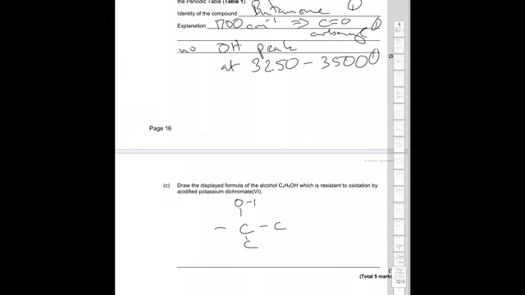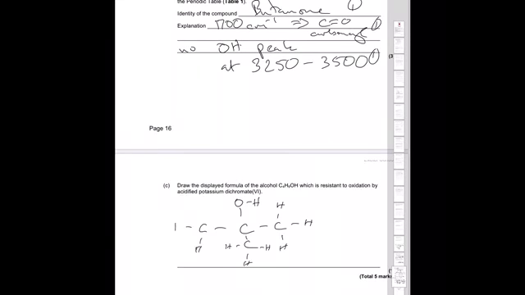It's a displayed formula, so you've got to show all the bonds. A common mistake is people just abbreviate the formula.